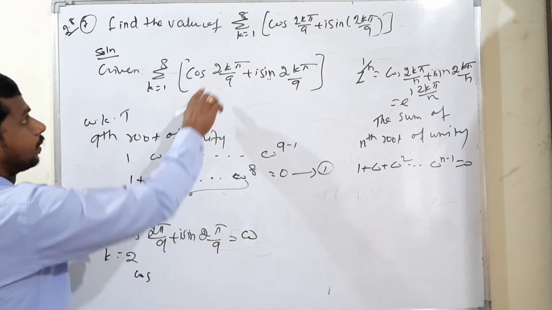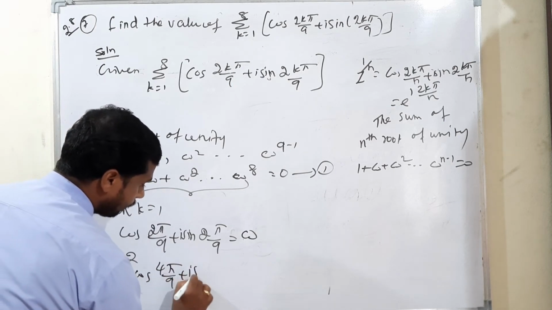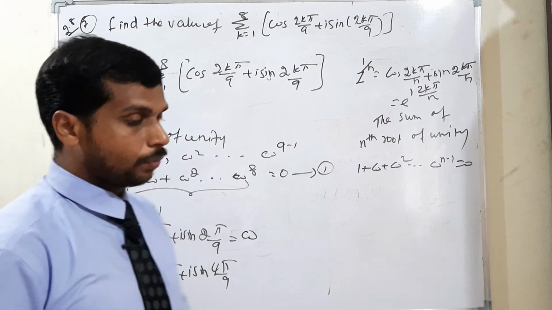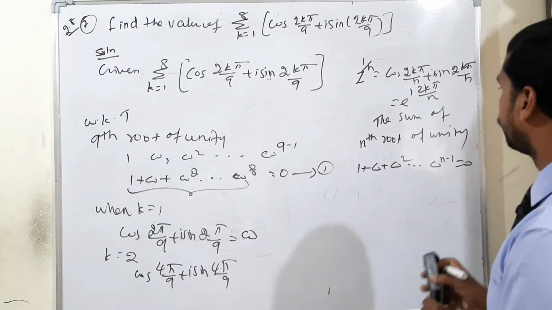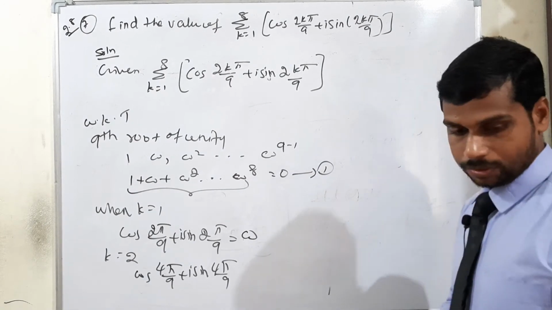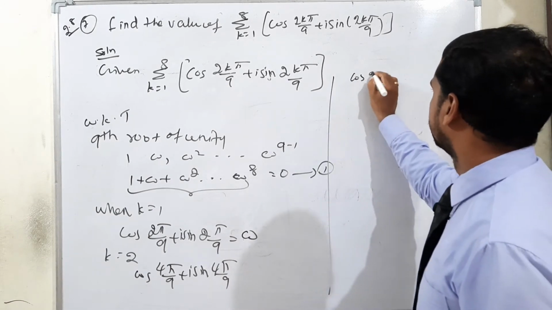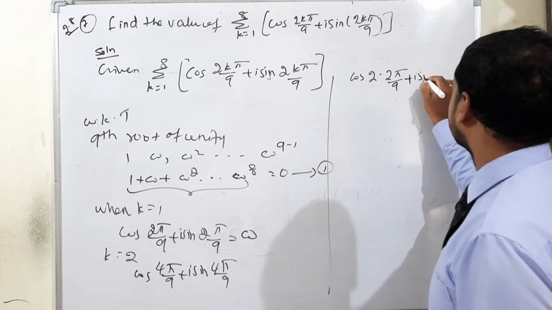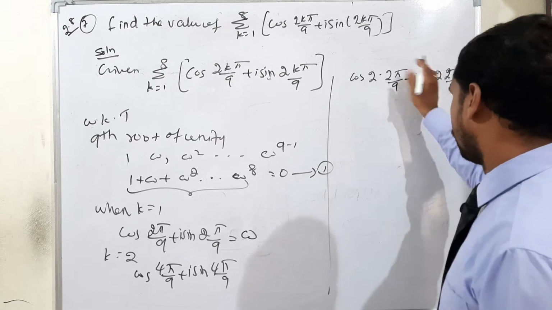When k equals 2, cos of 2 into 2, that is 4π/9, plus i sin 4π/9. How do we split 4π/9? Instead of 4 we can write 2 into 2, so cos 2 into 2π/9 plus i sin 2 into 2π/9.